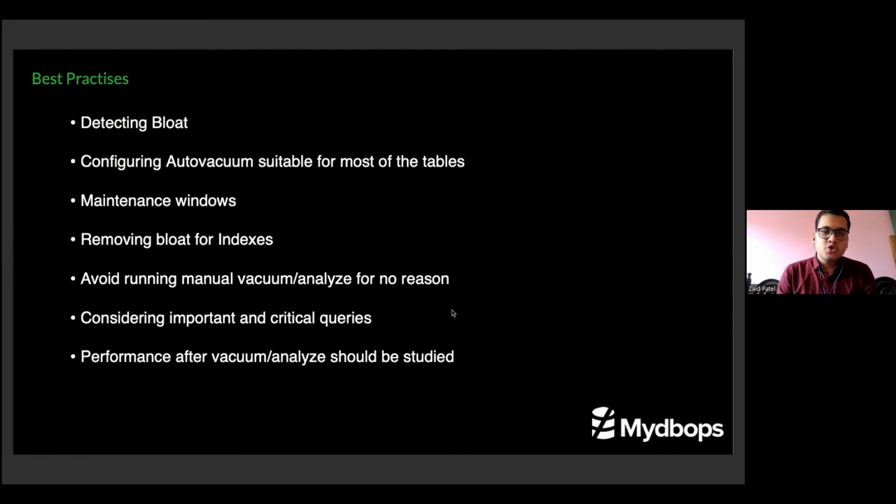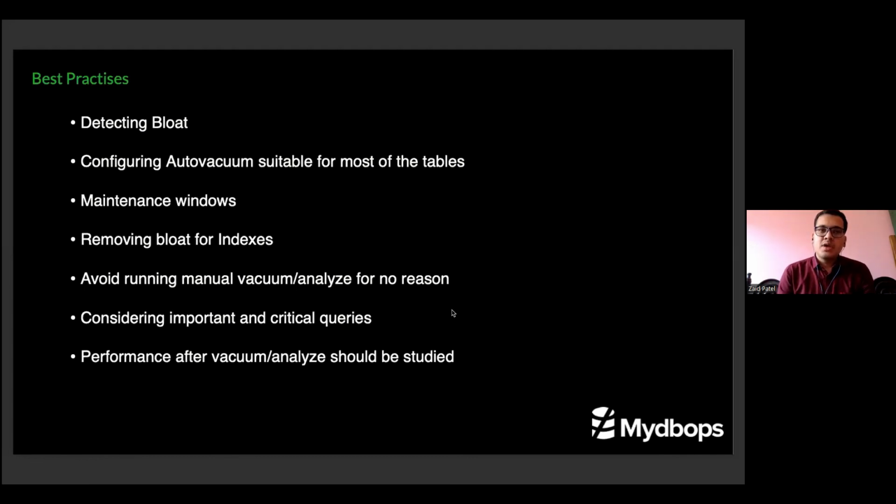The next one is we should configure auto vacuum so that it is suitable for most of the tables. For example, setting an auto vacuum scale factor of 0.2 for a table with 10 rows is good. For every 2 rows updated or deleted, it will trigger an auto vacuum.